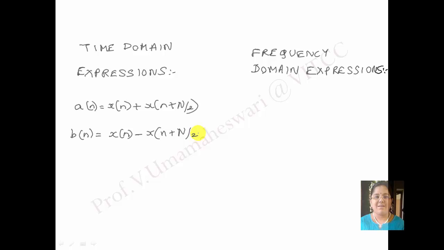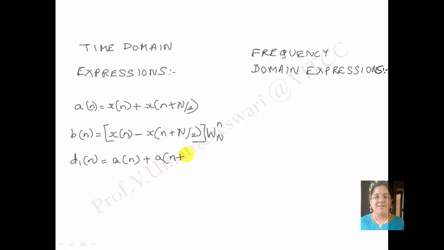Okay. So in this example we have taken N equals 8, so we will be considering only 3 stages. Like in DIT, you will have 3 stages of butterfly diagram. Okay, so we are consolidating the time domain expressions here.